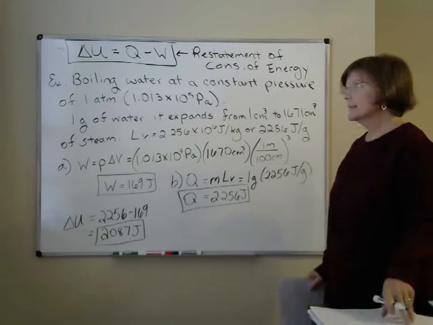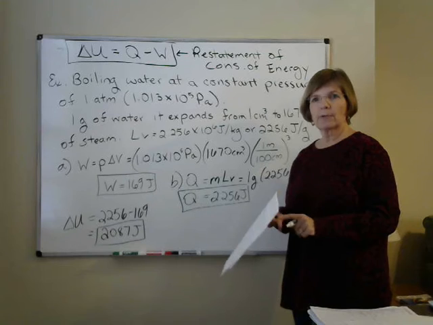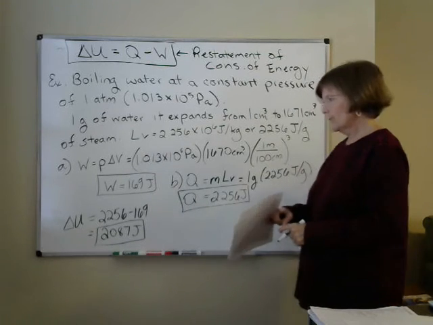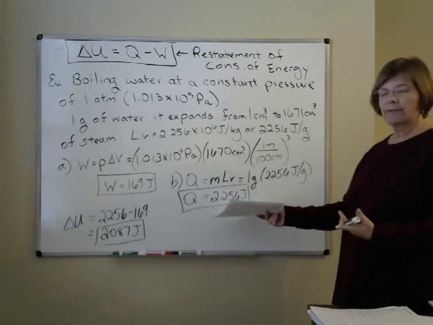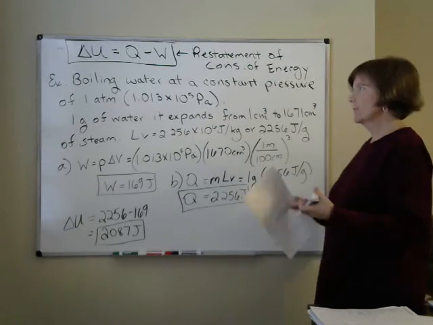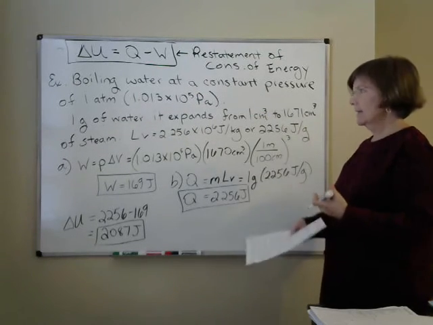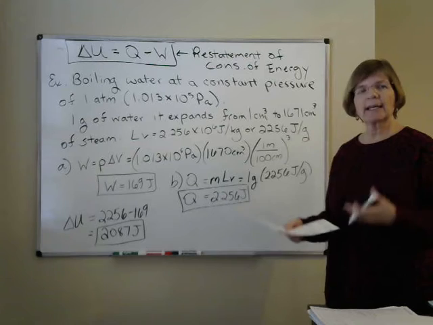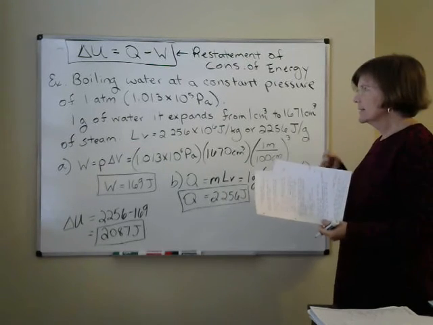Okay, so that gives us a basic understanding of how to find work done by gas at constant pressure. We already know how to calculate how much heat we have to add, in this case, to turn a gram of water to a gram of steam. It did tell us that we were at 100 degrees Celsius, so we didn't have to worry about heating up the water. Does it make sense?